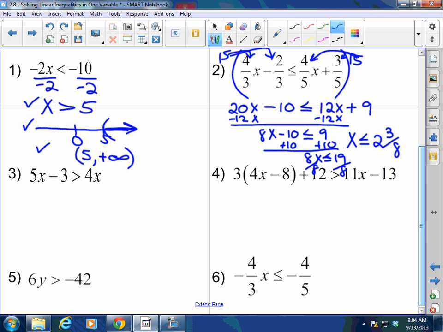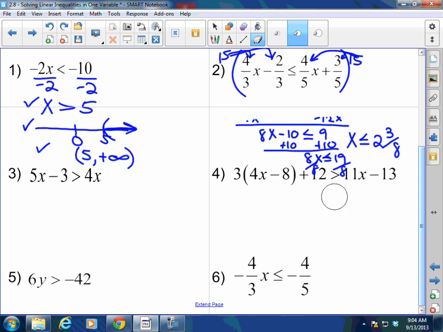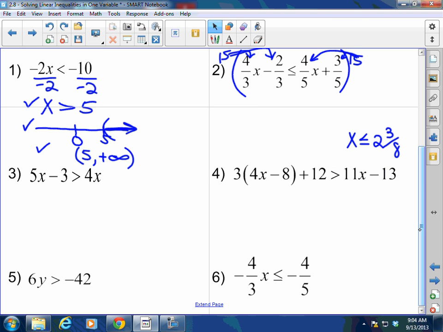Now, I want to graph it, and then I want to write it in interval notation. Let's graph it. Very simple. Here's my 0. We could say that's 2 and 3/8. I'm going less than or equal to, so I've got a bracket shaded to the left.